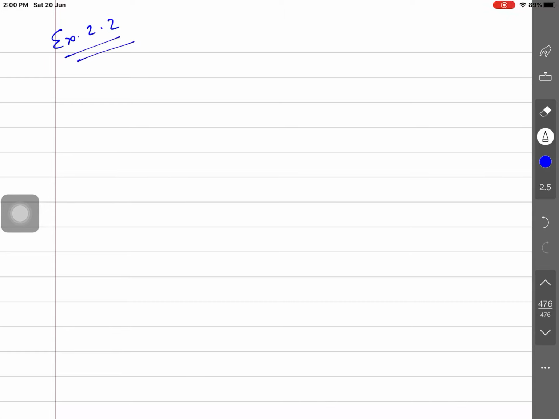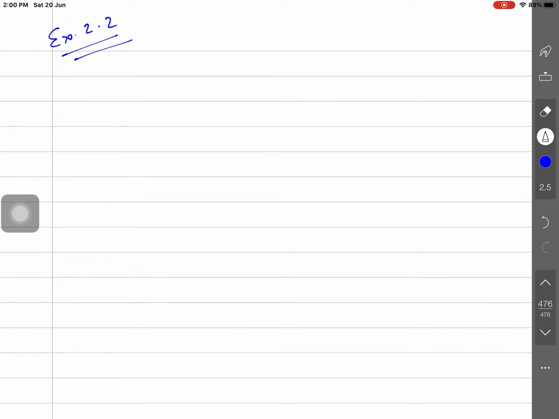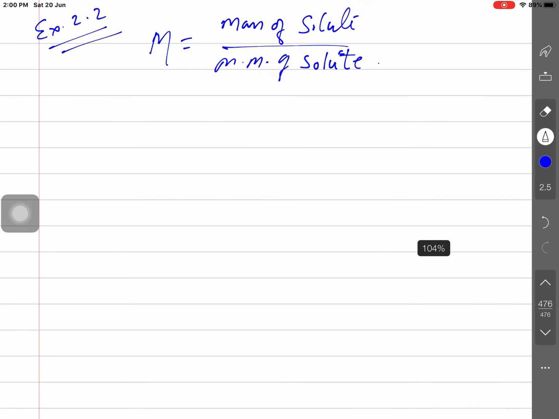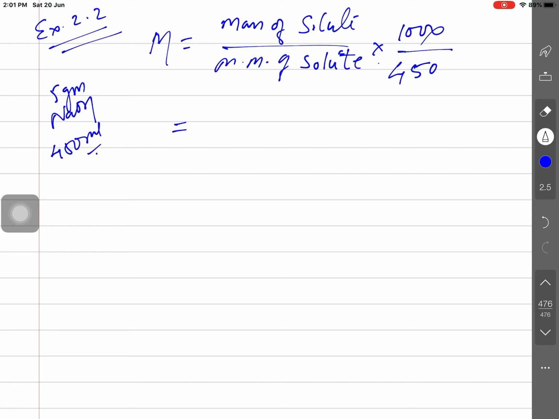Example 2.2. Molarity, capital M, is the mass of solute upon molecular mass of solute, dissolved per liter of solution, so into 1000 by the volume in ml. Here the mass of solute is 5 gram of sodium hydroxide dissolved in 450 ml of solution.